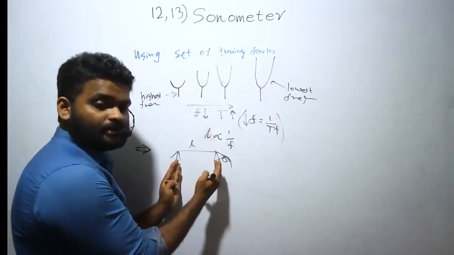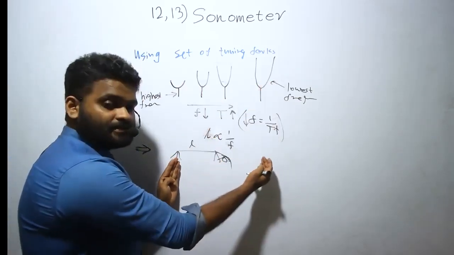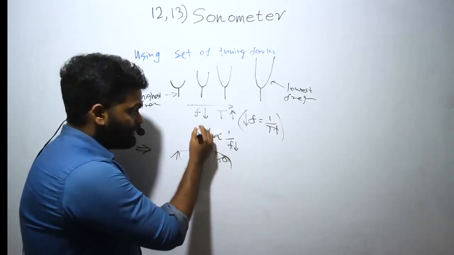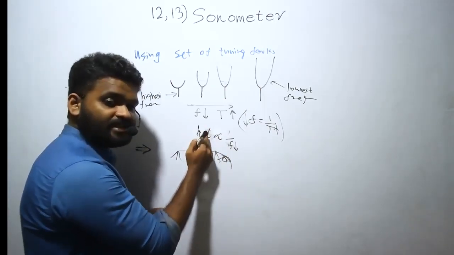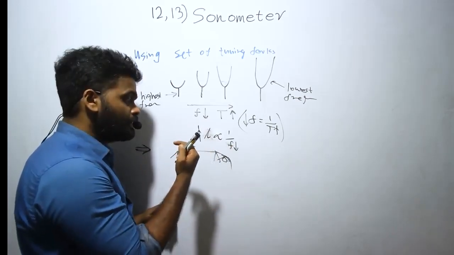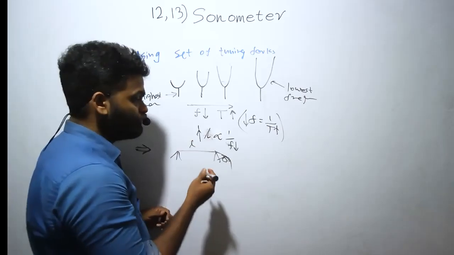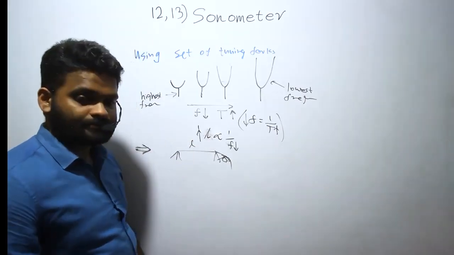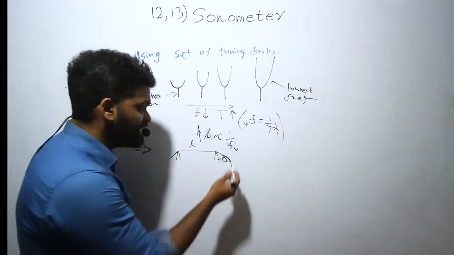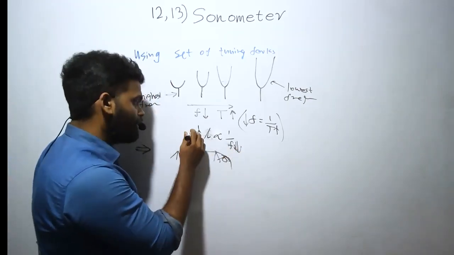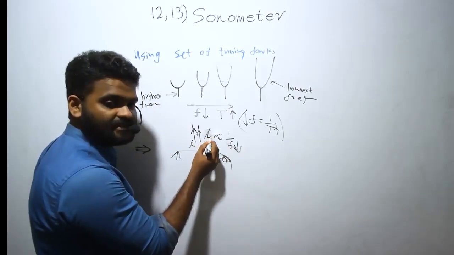For different tuning forks, you are going to need different lengths. So when the frequency decreases, length required increases. For the smallest frequency, we have the highest length.